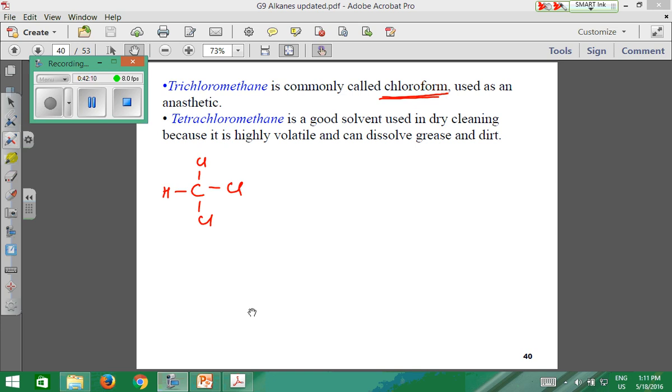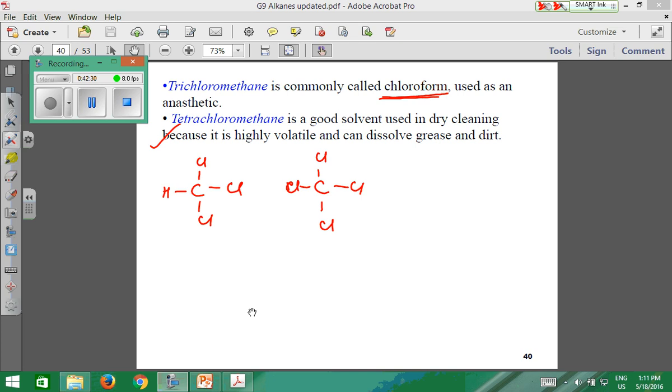Now tetrachloromethane has all chlorines on all the sides, so it's called tetrachloromethane. It is a very good solvent. It is used as a dry cleaning agent. It is used in dry cleaning because it dissolves grease and dirt.